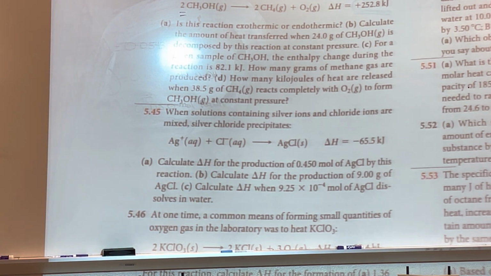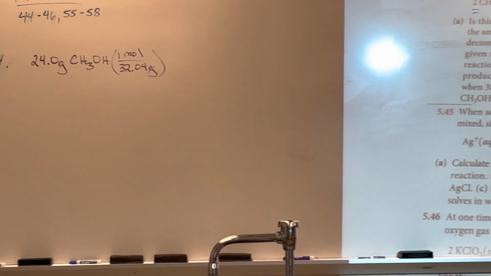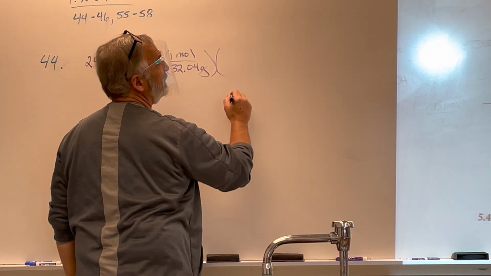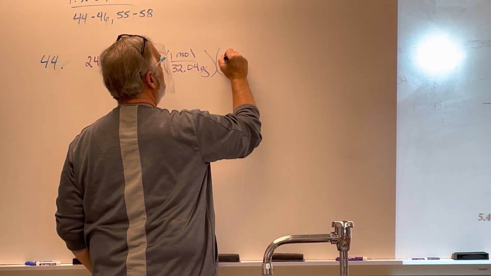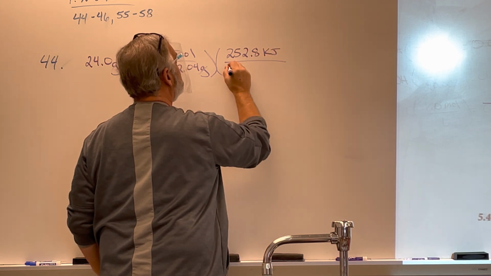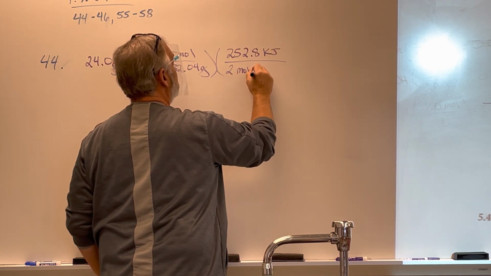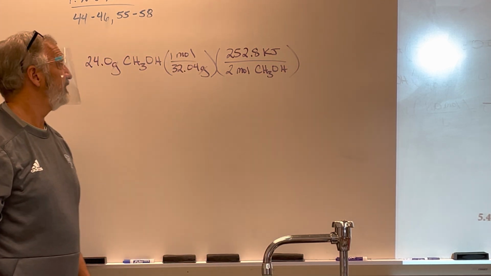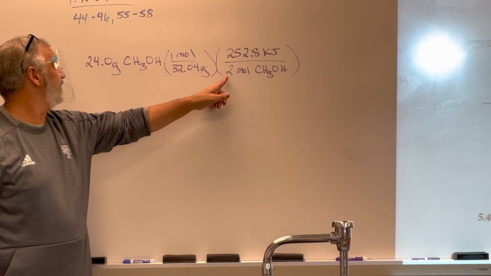So when we go and use that conversion factor then, we're going to say 252.8 kilojoules per 2 moles of methanol. That's the most important thing here.